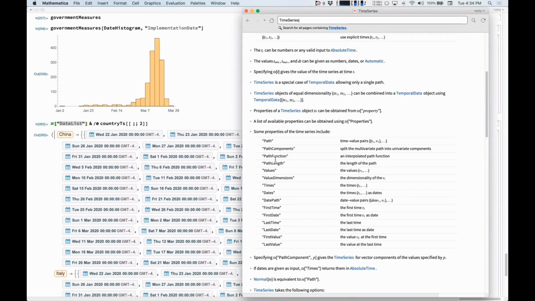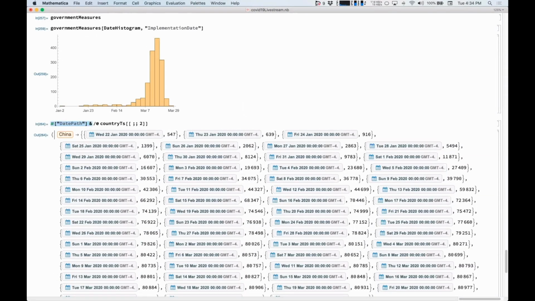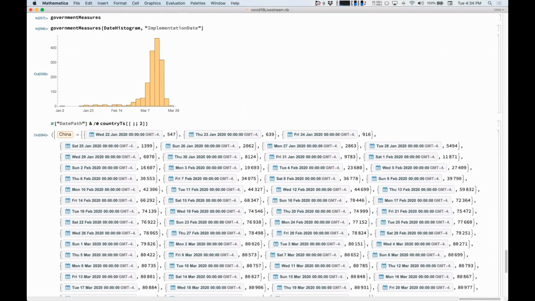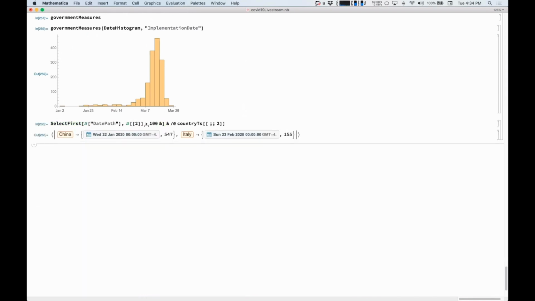Date path. It says there. Okay. Okay, and then we'll say, I guess I can say select first. And then we'll do this, and then we'll say delete missing. And then you want to get rid of your selector there.